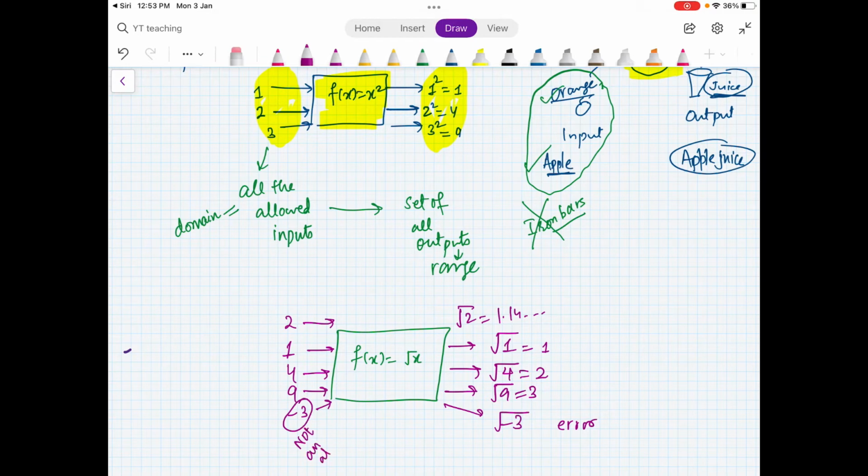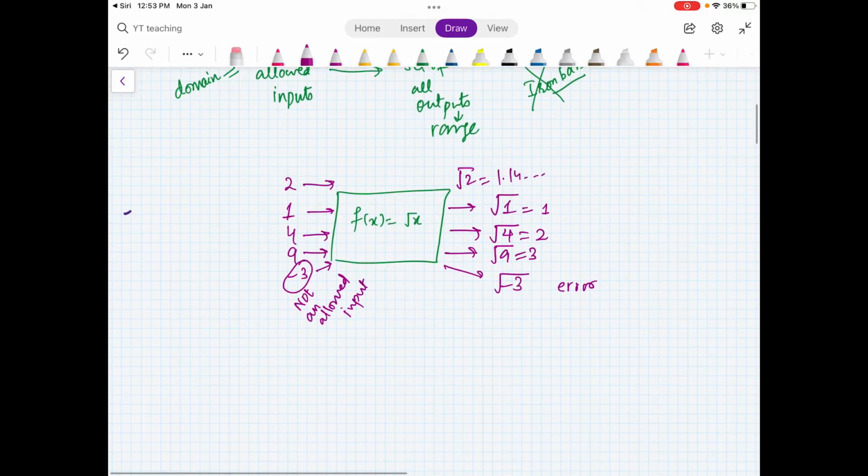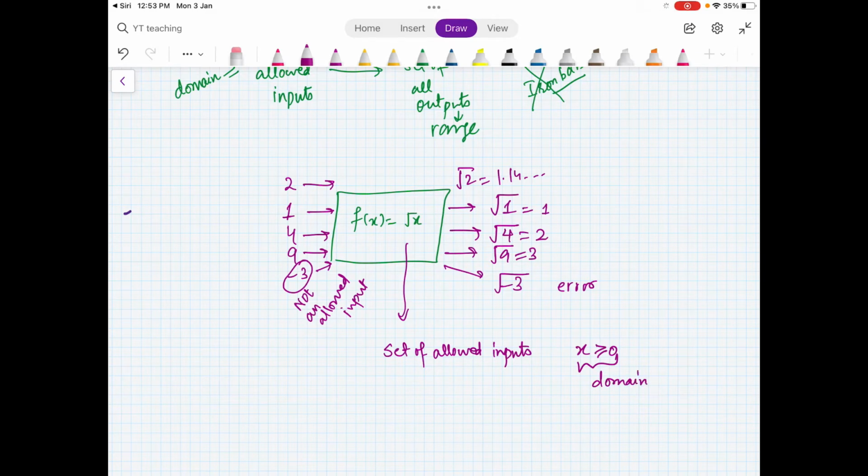For this particular machine, the set of allowed inputs is anything greater than or equal to 0. So all x greater than or equal to 0 is what I can feed into this machine. So this is my domain.